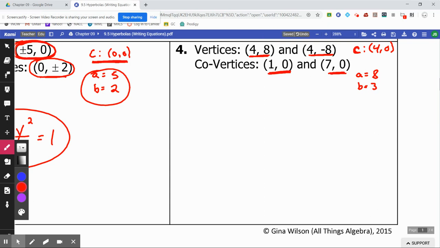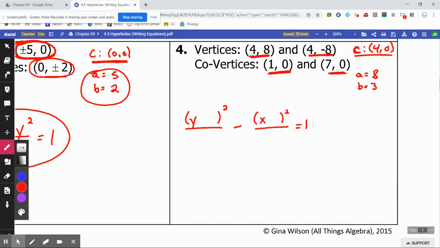So now we've got all of our pieces. We just need to find out, is this horizontal or is it vertical? Look at your center and look where your vertices are located. It's located above and below. So that's going to be a vertical. So your y stuff will be listed first. Let's put our transformations with our y's and with our x's. So it's going to be y stuff over a squared minus x stuff over b squared is equal to 1.